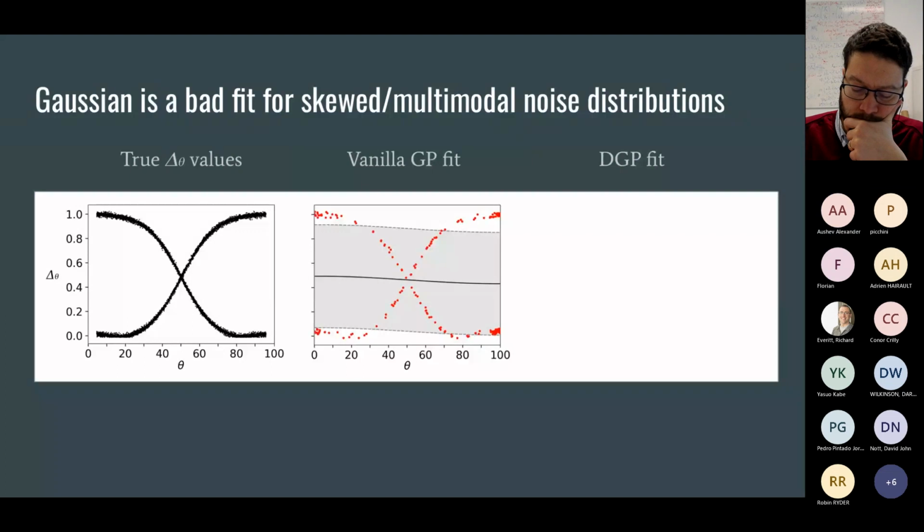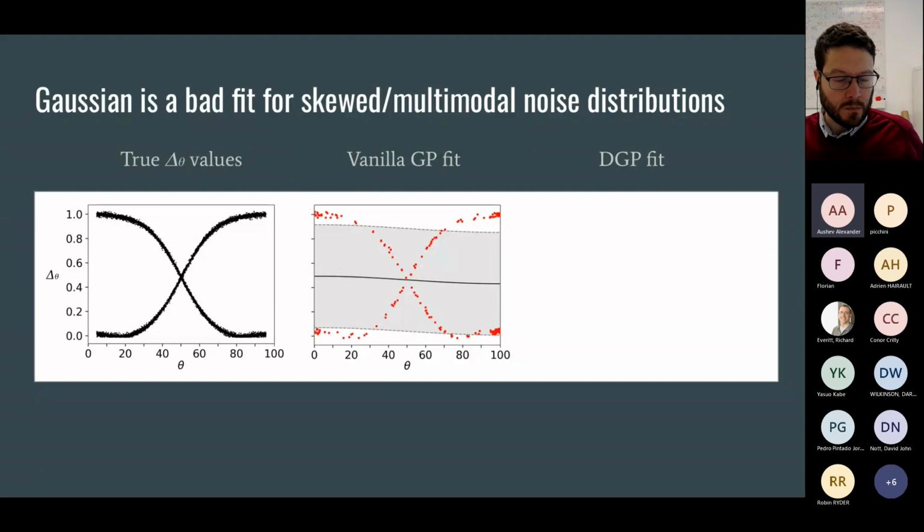Yeah, so when we use Gaussian process, we make a lot of implicit assumptions about the discrepancy values. So the figure shows the distribution of the discrepancy at different locations theta. And we see here a multimodal noise, at least on the edges of this function.